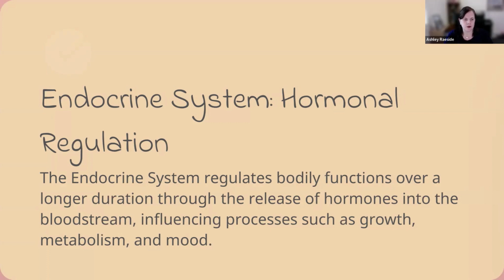This system tends to influence processes such as growth, metabolism, and mood, but it can also kick in for things like fear or temperature, releasing adrenaline to help the nervous system react, so we can continue that reaction. So it's not quick and stop and then you put your hand back on the stove. It's quick to pull away, and then the adrenaline tells you to get out of there, move away from the heat.